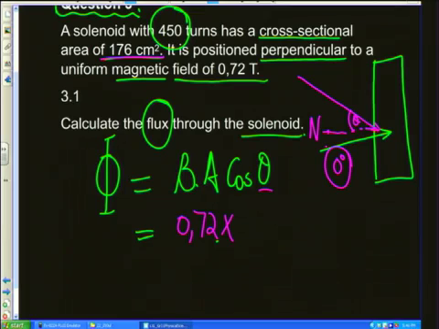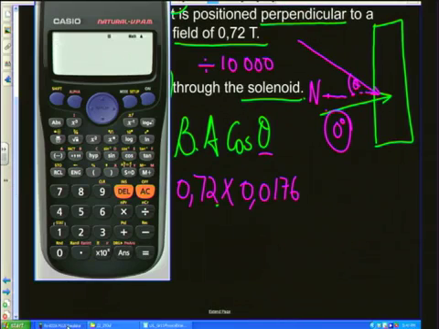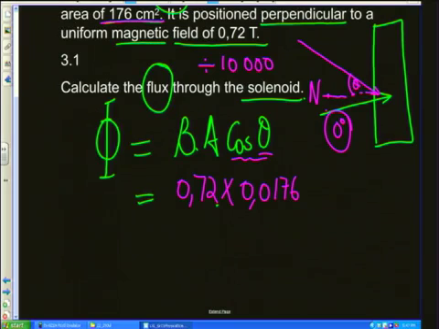It must be in square meters, so we divide that by 10,000, and that gives you 0.0176 square meters. And of course, we need to take care of the direction. Like I said to you, the angle is 0 degrees, and I've shown you why. So we can work it out here.